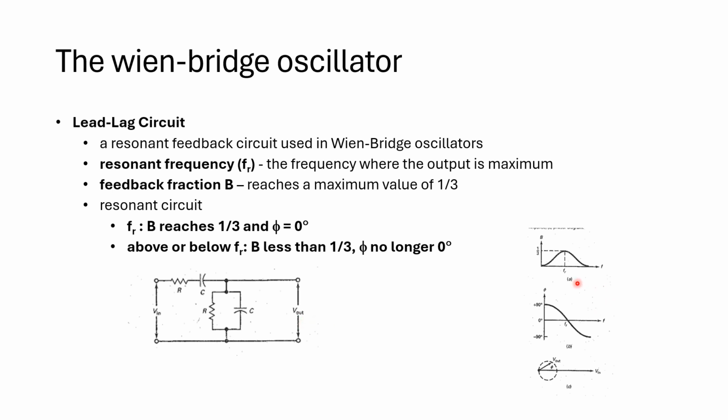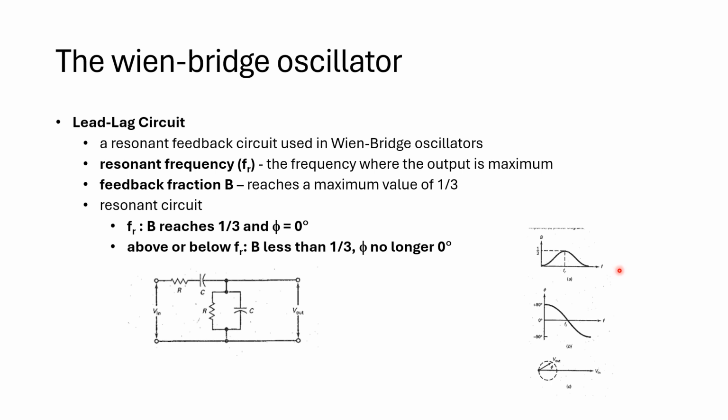At very high frequency, our shunt capacitor will be shorted. When this is shorted, as you can see, we will have no output voltage. So in very low and very high frequencies, we don't have an output waveform.